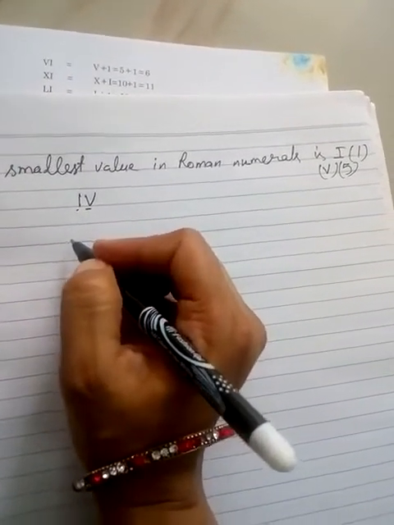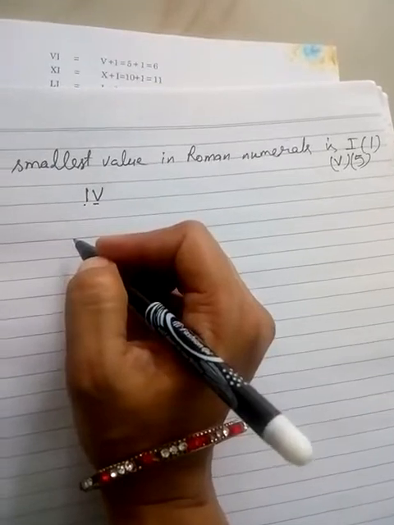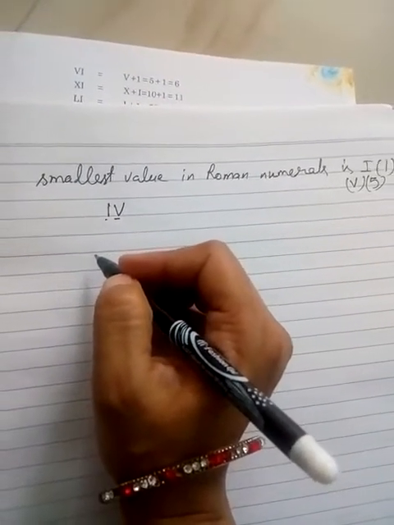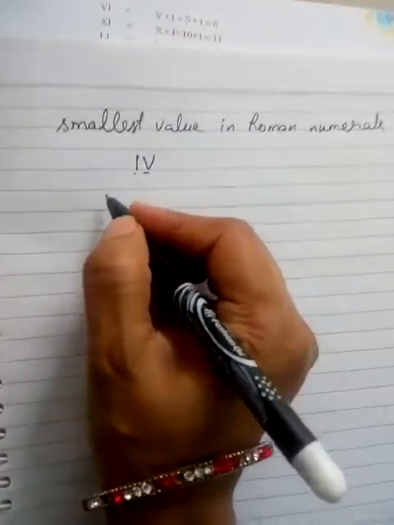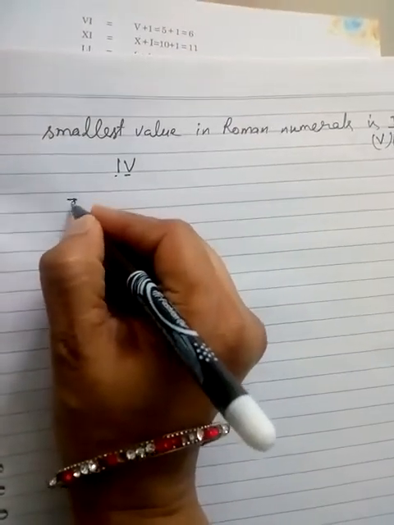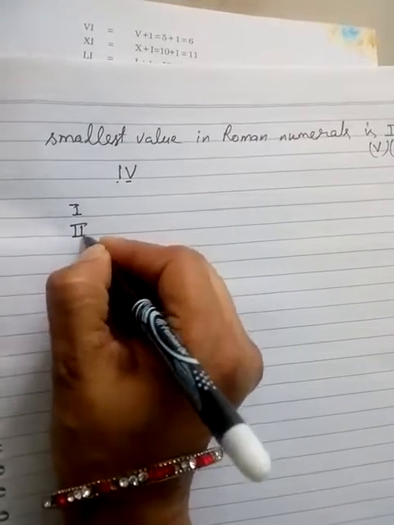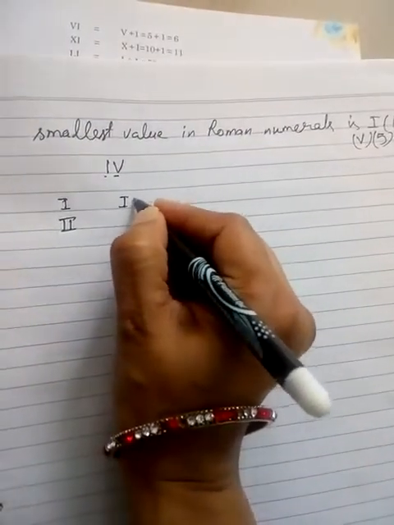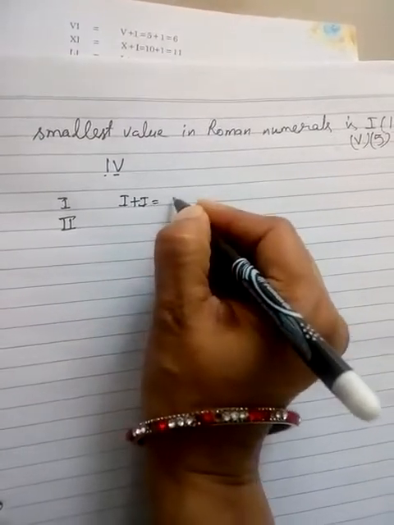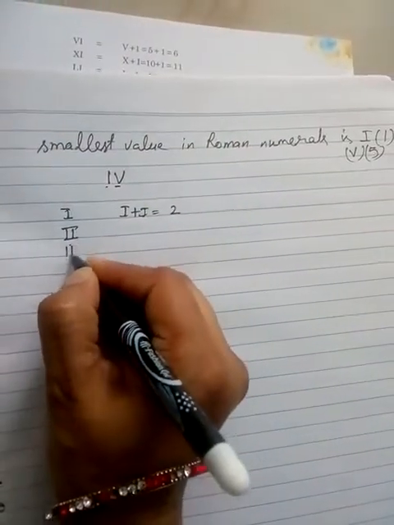But before that, I am going to tell you one more important rule of Roman numerals. You can't repeat any number. You write I, I. If the numbers are written like this, that means I plus I, it will become 2. So I, I, I: 1, 2, 3.